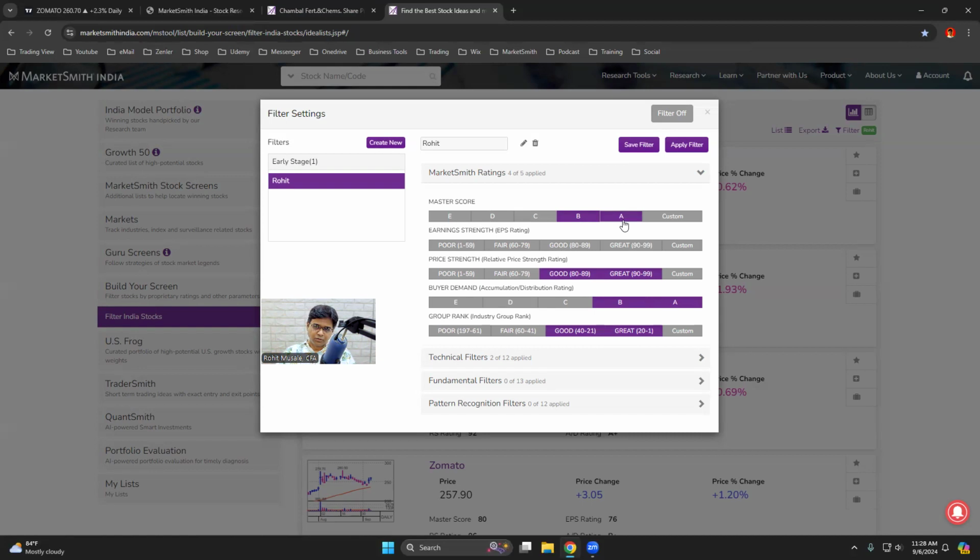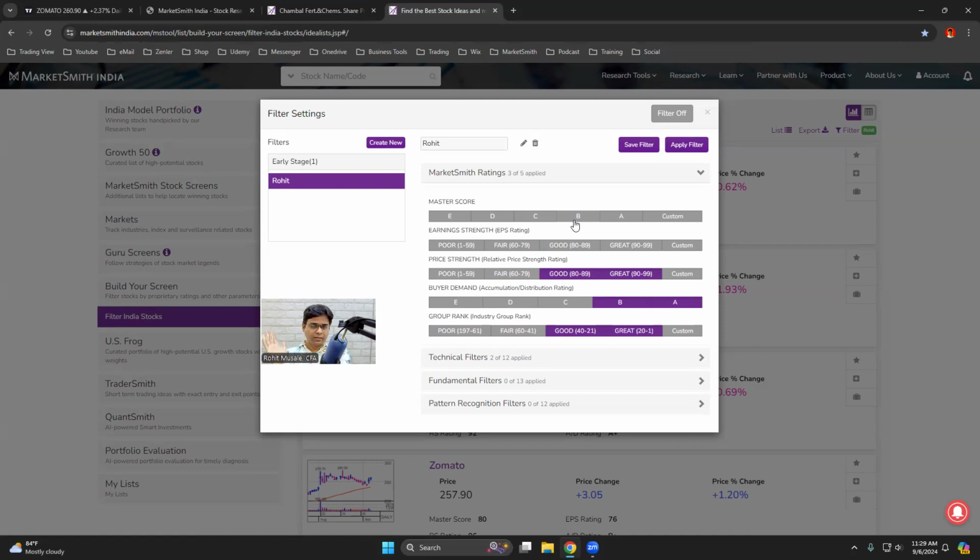So you can use master score as a filter. This single filter will keep you away from most market traps out there, because this filter combines the best of fundamentals and technical factors, and then compares that stock's fundamental and technical factors with those of all other stocks in the Indian stock market.